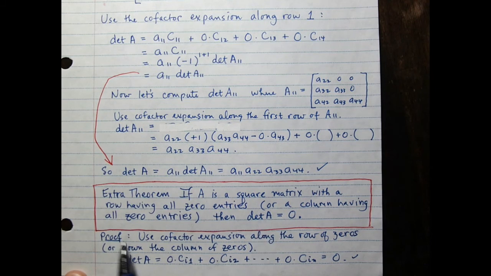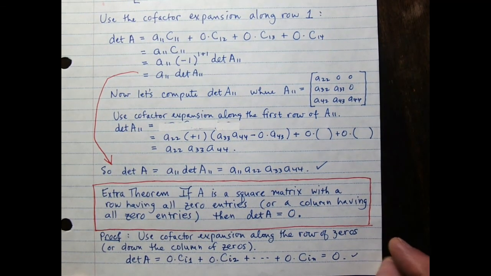The reasoning of the proof is just that you would expand along that particular row or column, and you're going to end up with 0 times each term, right? So you end up with 0. I bet everybody could have come up with this theorem on their own, but it's just worth pointing out.